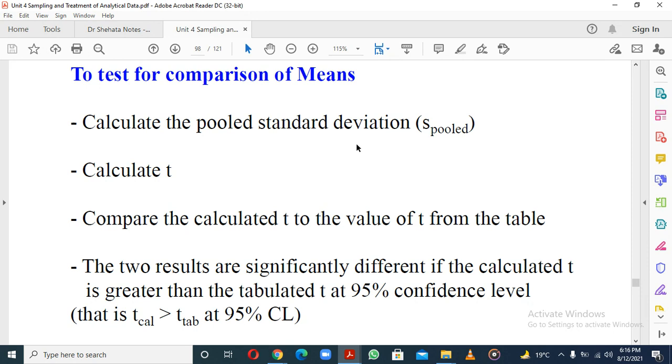Okay, so that's that. Then to calculate the t, we've looked at how to calculate the t. Then comparing the calculated t to the value of t from the table. Perhaps you saw me asking for a tutorial sheet in your group. We'll definitely look at an example on this.